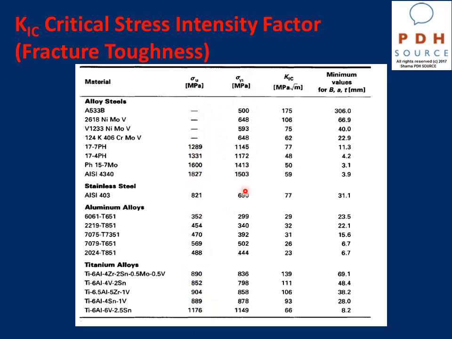In the third column, the yield stress of the material is listed. And in the fourth column, the fracture toughness obtained during the test is listed. And this column is basically listing the minimum values of the thickness of the specimens used to develop K1C.